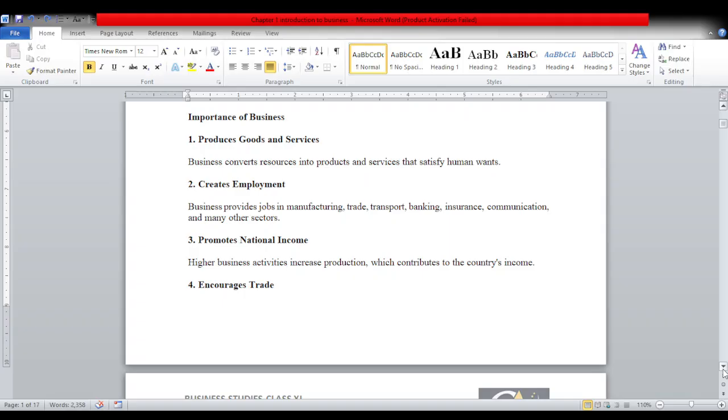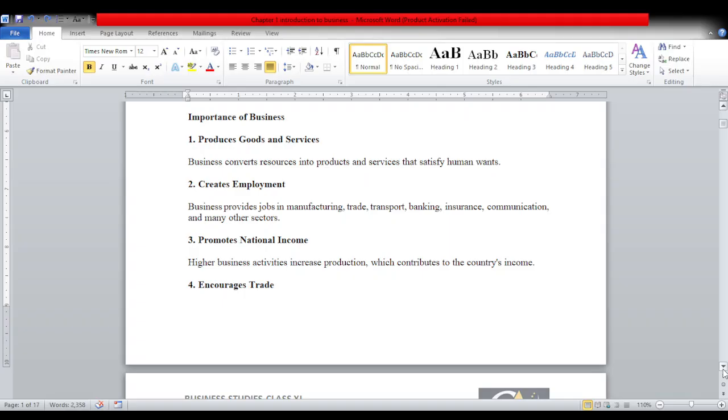So they are involved in producing goods and services at a large scale, and they are not only satisfying the needs of consumers living locally, but they are exporting goods from one country to another. Sometimes they are transporting goods from one state to another, one city to another. So in this way, they are helping.